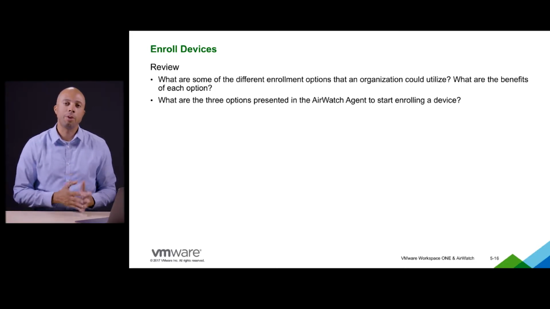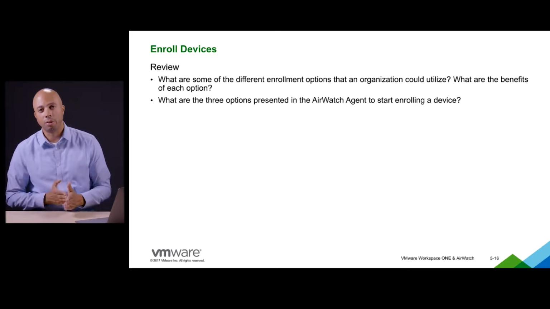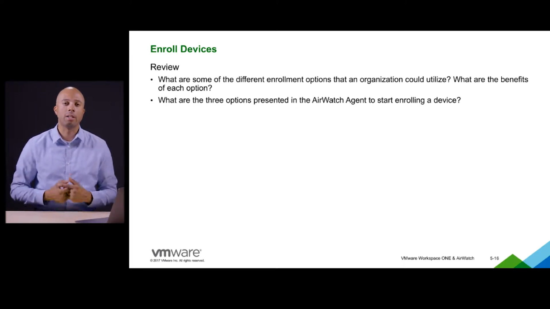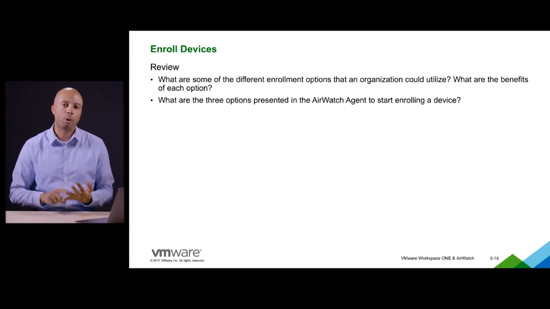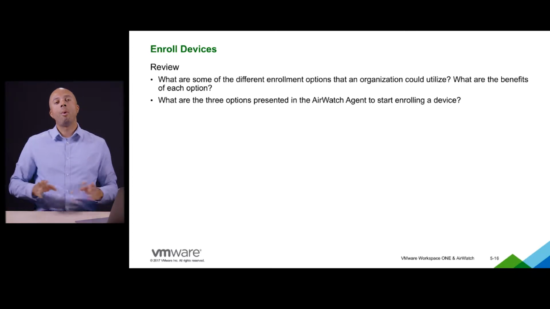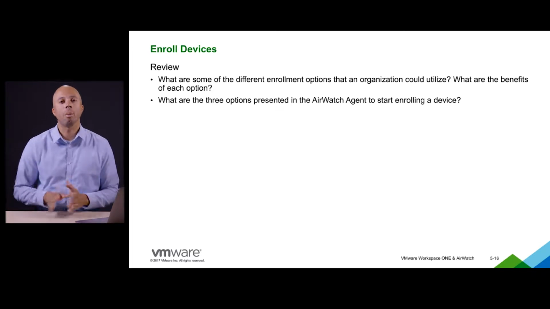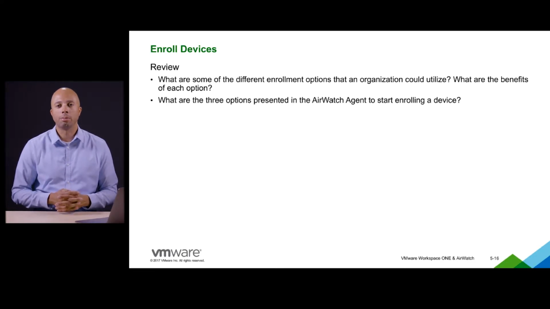You can have the administrator set up the device on behalf of the end user and then hand it off once it's already been set up, once apps, profiles, configurations have been pushed down, and then the end user can just authenticate using directory services info. Or you can have DEP or Apple Configurator or Android for Work or Samsung Knox. These are more secure methods for enrolling different platforms into AirWatch so the user cannot remove management.